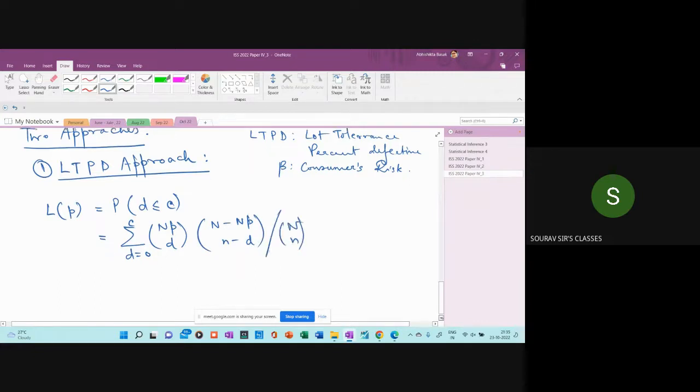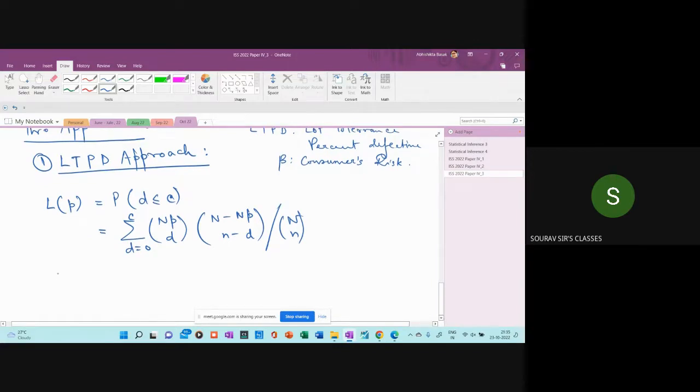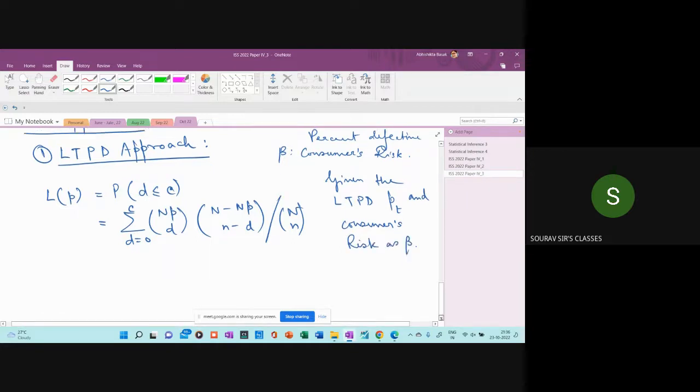So this looks like a hypergeometric distribution, and we say that given the LTPD, the lot tolerance percent defective, as Pt, and the consumer's risk as beta. Okay, so this is a hypergeometric, so we define it as H of n and c, a function of n and c.